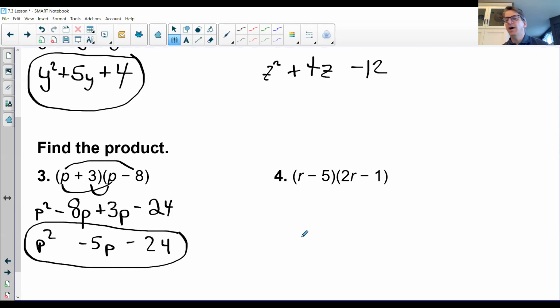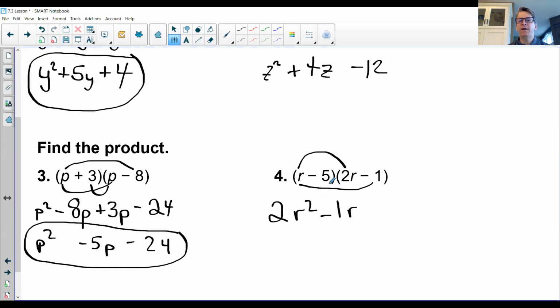Okay, number 4 now, on your own. R plus 5 times 2R minus 1. Okay, first times first. So 2 times R is 2R squared. Outer is negative 1 times R, or negative 1R.